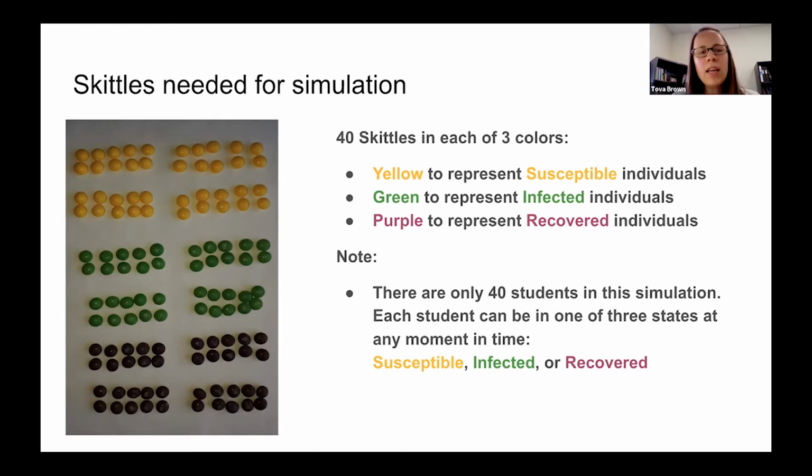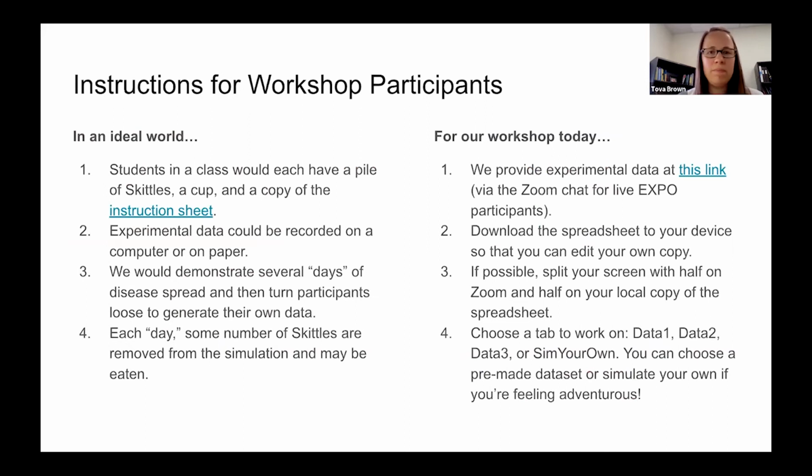Any one student can be represented by 3 different Skittles at different points in time, depending upon their status. Are they susceptible, meaning they have not yet been exposed to this new flu? Are they currently infected, or have they already been infected and now transitioned to the recovered category? So the school will begin all yellow with all susceptible individuals, and someone gets infected and is replaced by a green Skittle. So now you have 39 yellow Skittles and 1 green.